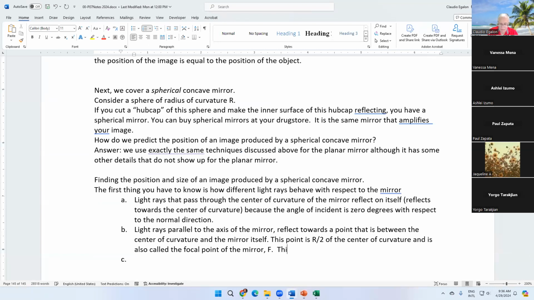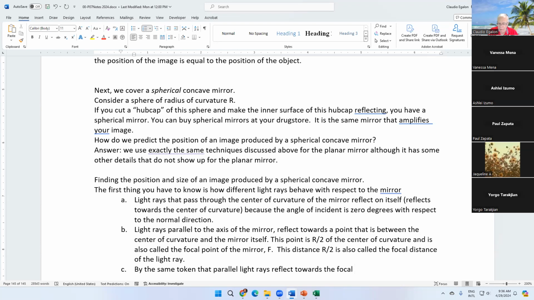This distance, R divided by 2, is also called the focal distance of the mirror. By the same token, parallel light rays reflect towards the focal point F.